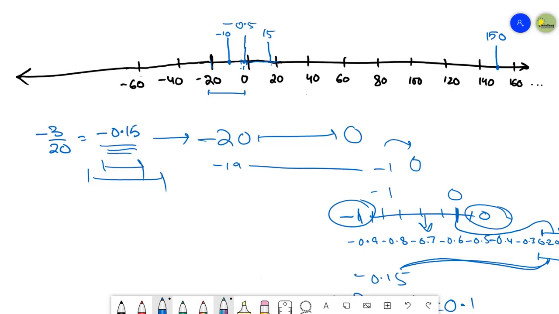Sorry, minus 0.2 and minus 0.1 will be. It will be nearer to 0, right? Let's suppose this is your minus 0.1. Then minus 0.15 is going to be the value that is in between minus 0.2 and minus 0.1. So we have to place it somewhere very, very close to 0.